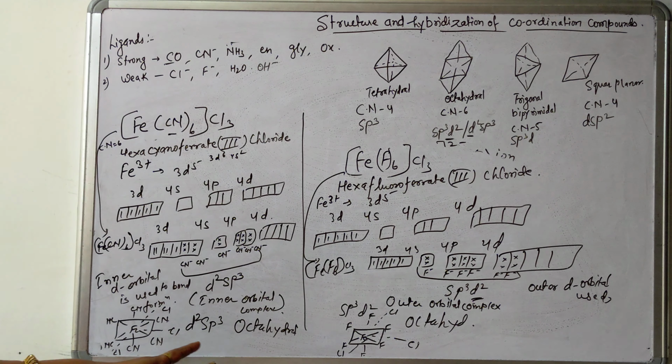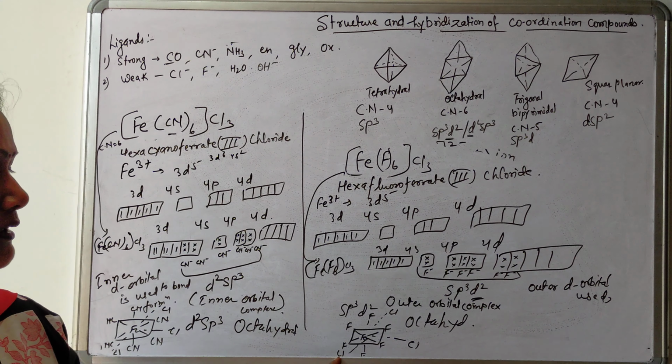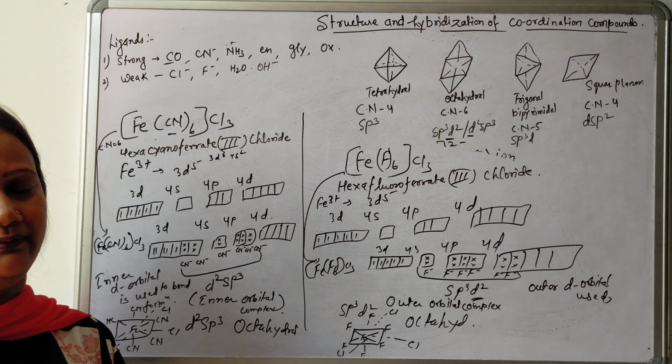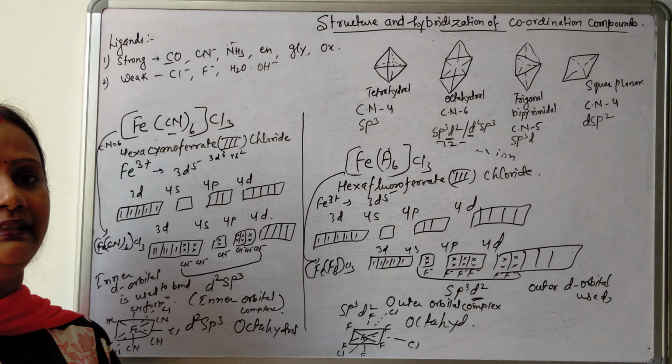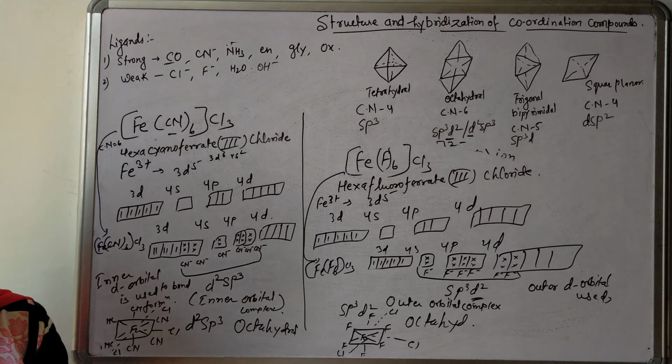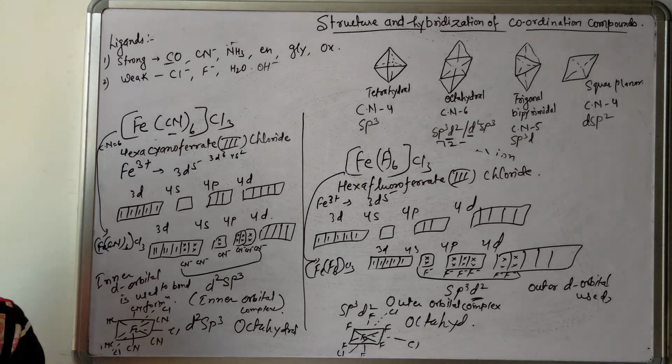Okay, this is also an octahedral structure. The structure depends only on the nature of the ligand. As the ligand is strong, the inner d orbital is utilized for the bond formation, and as the ligands are weak, the outer d orbital is utilized in the bond formation. Okay.